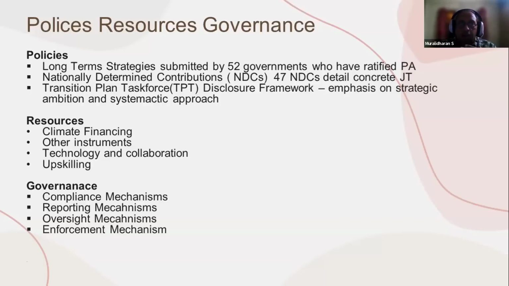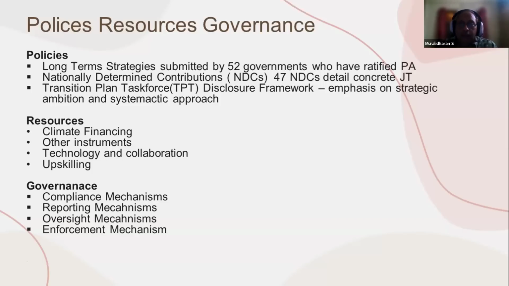So when such policies are put into place, what we require is a compliance mechanism. Are we going to come up with new regulations or modification of the existing regulations to bring the JT into consideration? What sort of reporting will have to be done? It cannot be simply sustainability reporting, verification, etc. It has also to consider the just transition aspects being built into that.